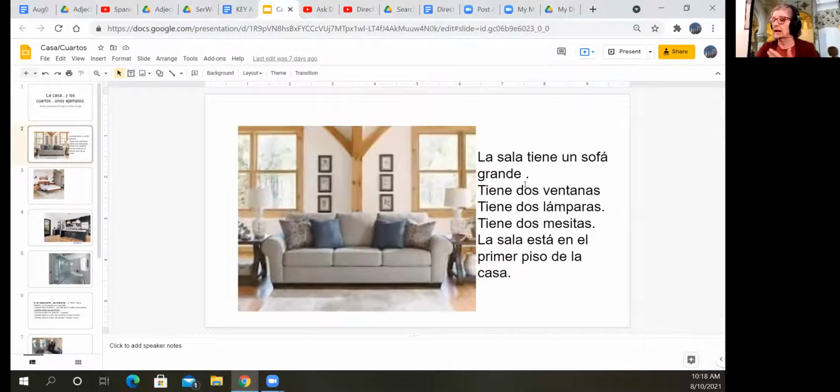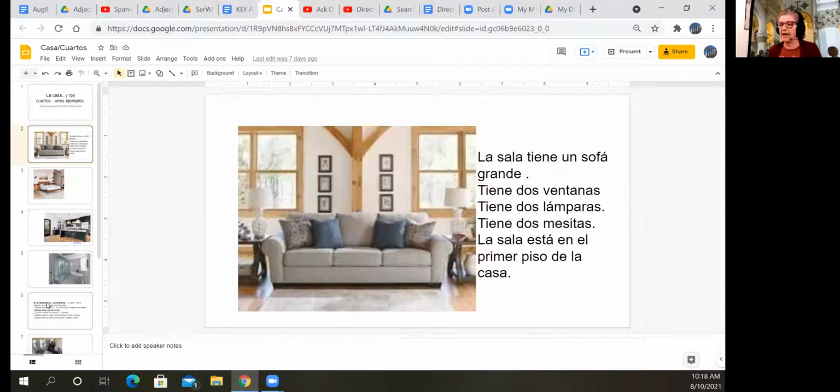Okay. Y el primer ejemplo, we're going to take a look at some of these for examples. I'll ask you for maybe a couple ideas, but then we'll look at some examples. We're going to use ser and estar and tiene. We're going to talk about what kind of stuff the room has, what kind of stuff the house has.